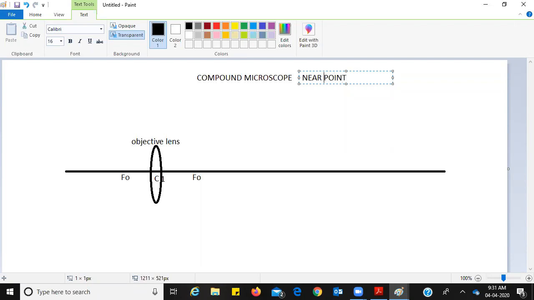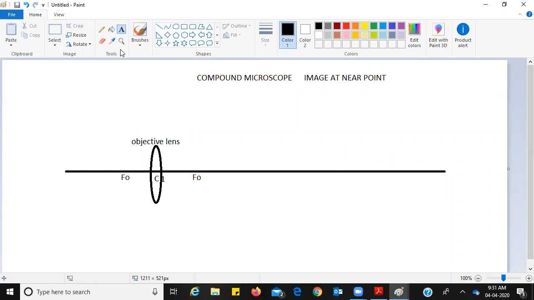Image at near point. So I'm keeping the object beyond F. So OB is the object.